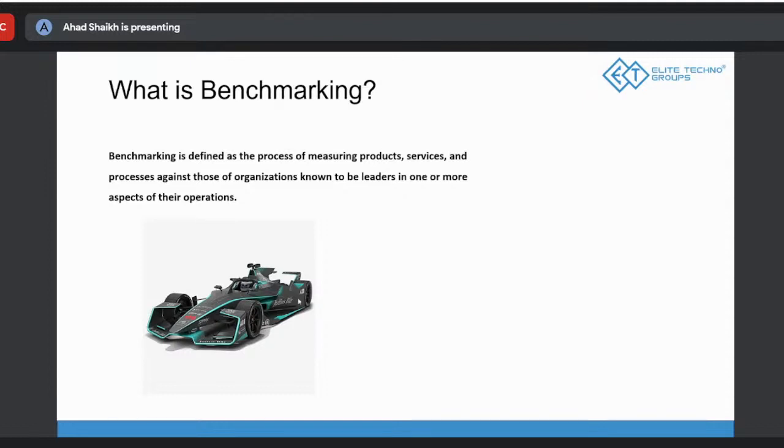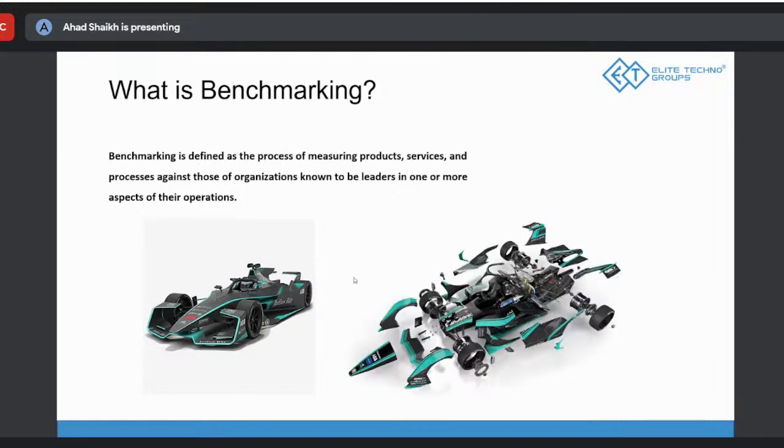You can do this by having access to their data, and if not, you can have a similar product at your end and tear it apart, and see exactly how they have built it. You have to dismantle each and every component of that car, and see by yourself what gear ratio they have been using and what kind of bearings they have used. This is how you can compare where exactly your product went wrong, or why the thing that you developed is not giving optimum performance.